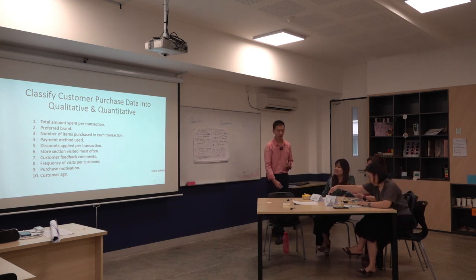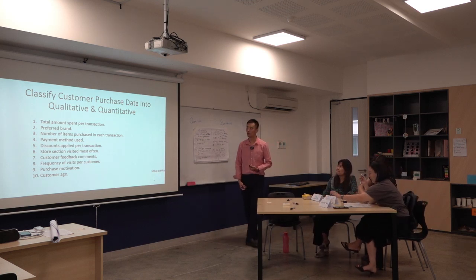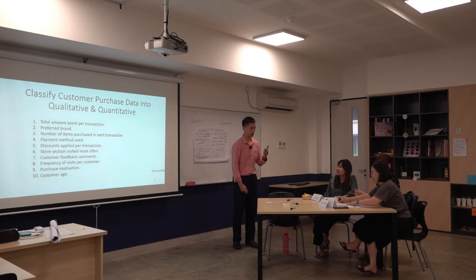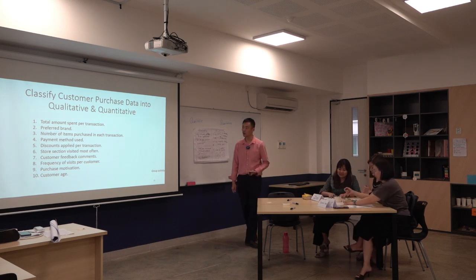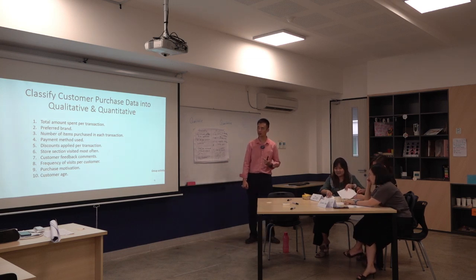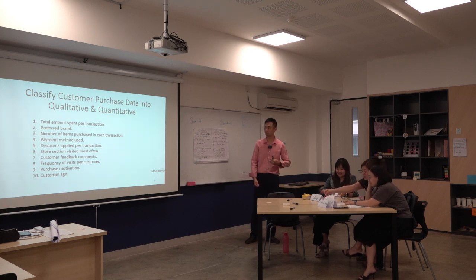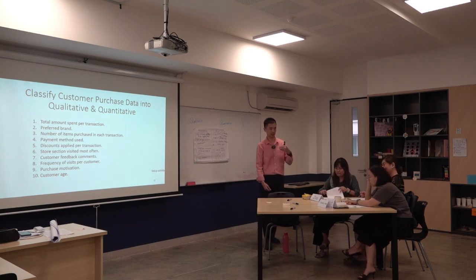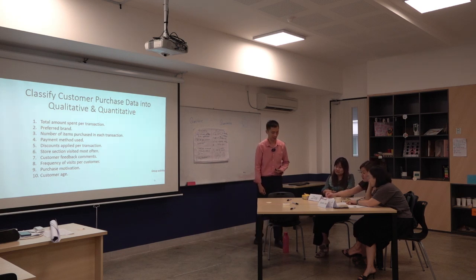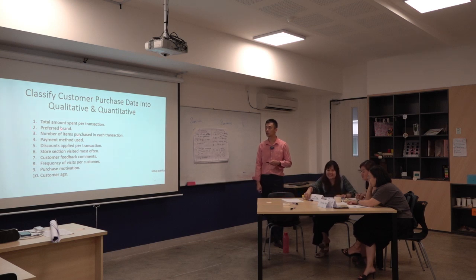Okay, so now we're going to check your answer. Number one is the total amount you spend per transaction. Because it's an amount, it's numerical, right? So it is a quantity. Quantity, okay, good. Then number two, preferred brand.